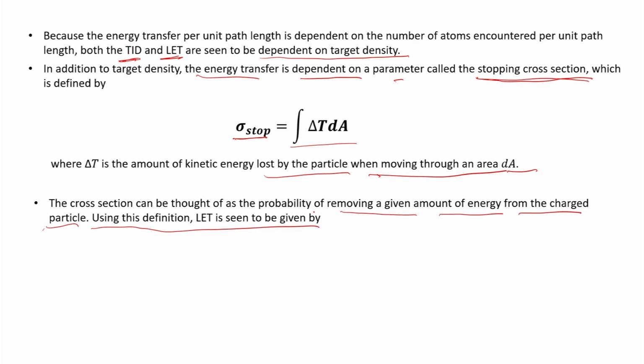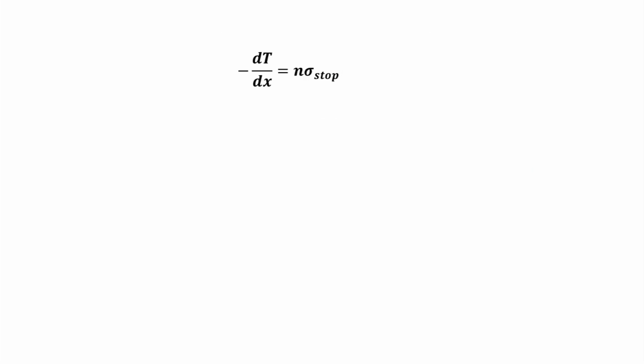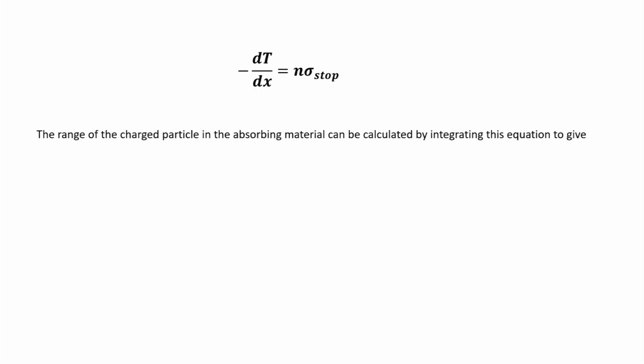Using this definition, we can define the linear energy transfer, the LET, by this expression: dT by dx is equal to n sigma stop. What is n here? n is the atomic target density. So, this is the LET in terms of the stopping cross section. Now we will define a term called the range of the charged particle in the absorbing material.